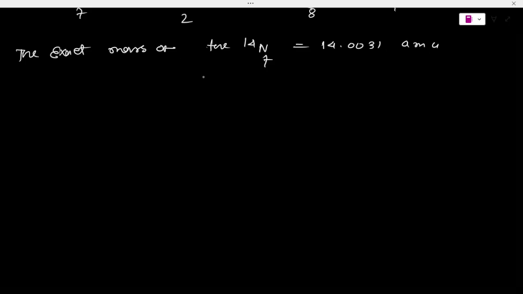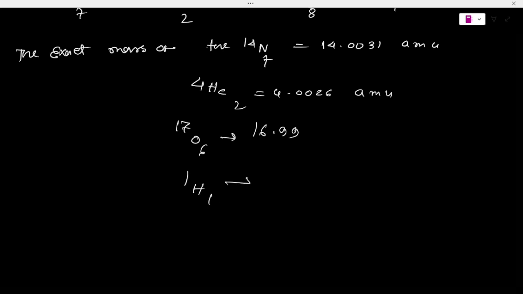For helium 4 it is 4.0026 AMU. For oxygen 17, it will be around 16.99, so this is 17. And for hydrogen 1, the atomic mass is around 1.0078 AMU.